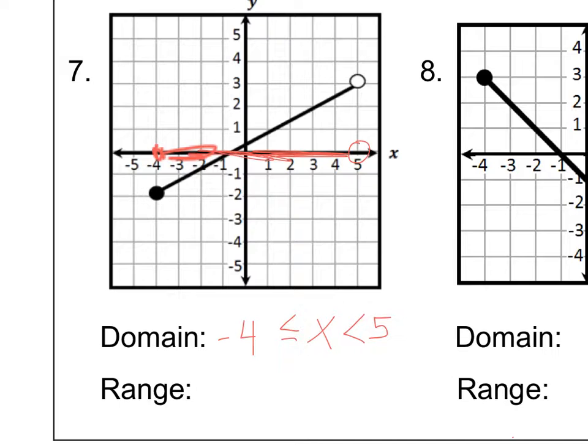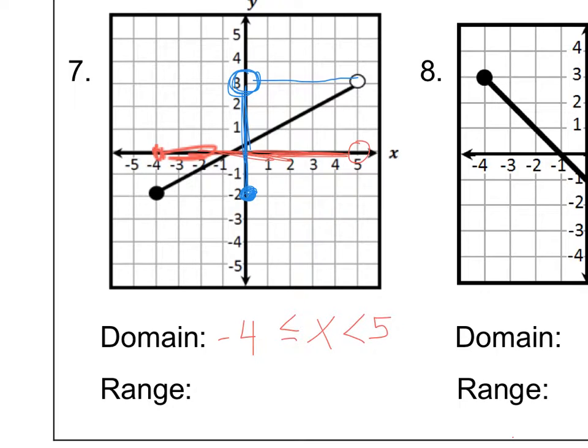Same idea on the range. So I'm going to go ahead and just come straight over here and draw my point on the -2 because that's where it comes to on the y-axis. And then I'm going to come straight over here and draw my open point on the 3. So that's really what I'm looking for on the range.